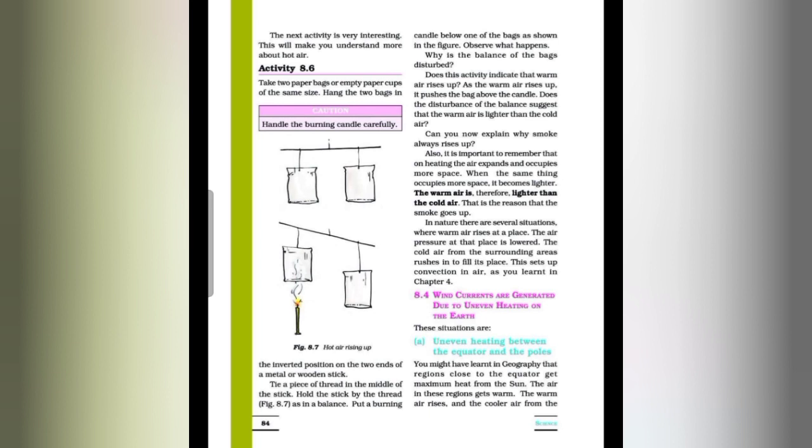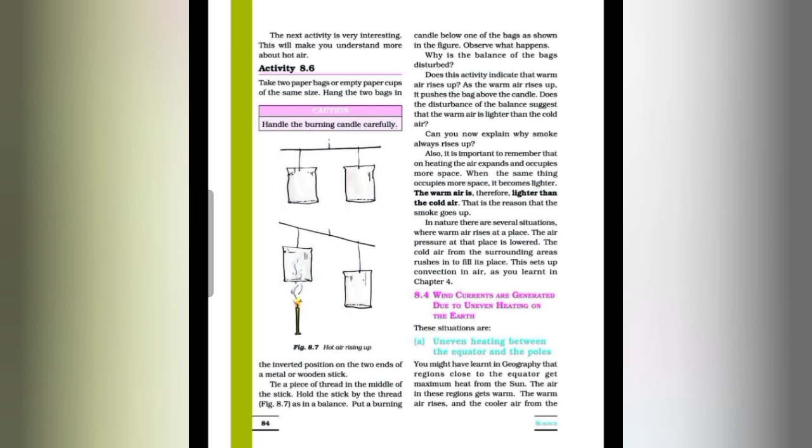So, the greater the difference in air pressure, the faster the air moves. The differences in air pressure created in nature are due to uneven heating of the earth in a region. Thus, wind currents are generated due to unequal heating of the earth. It takes place in two situations.